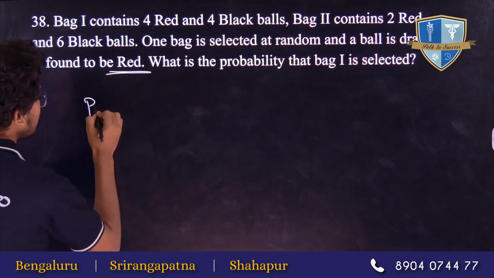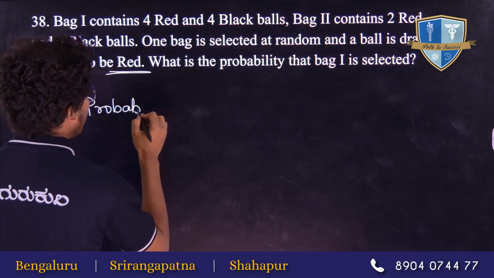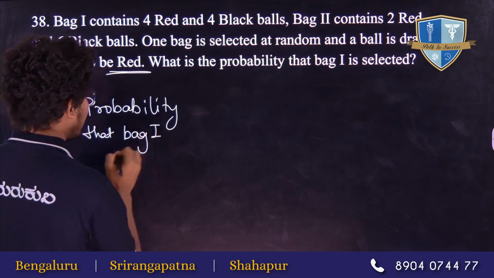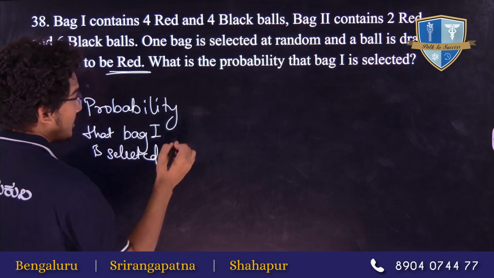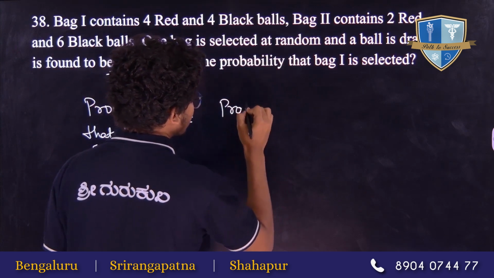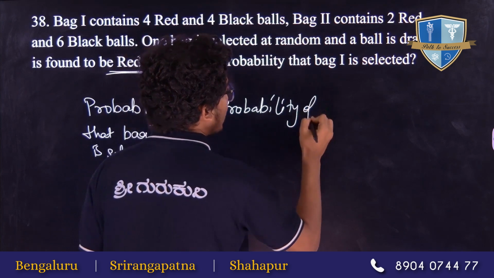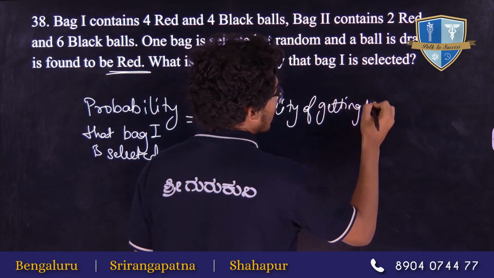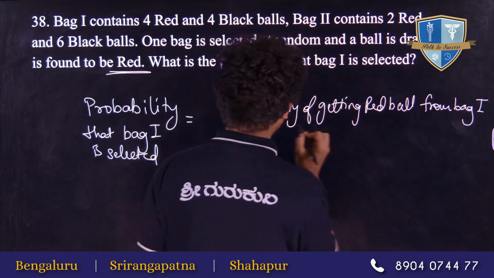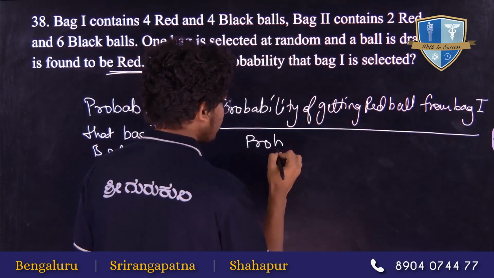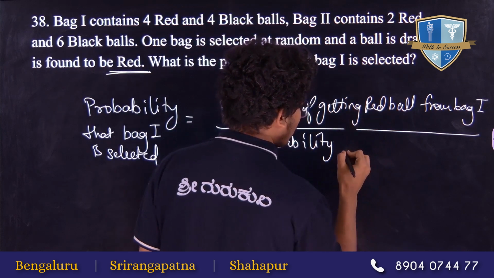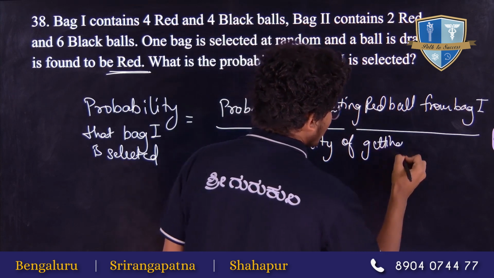So the probability that bag 1 is selected is equal to the probability of getting a red ball from bag 1, divided by the probability of getting a red ball.